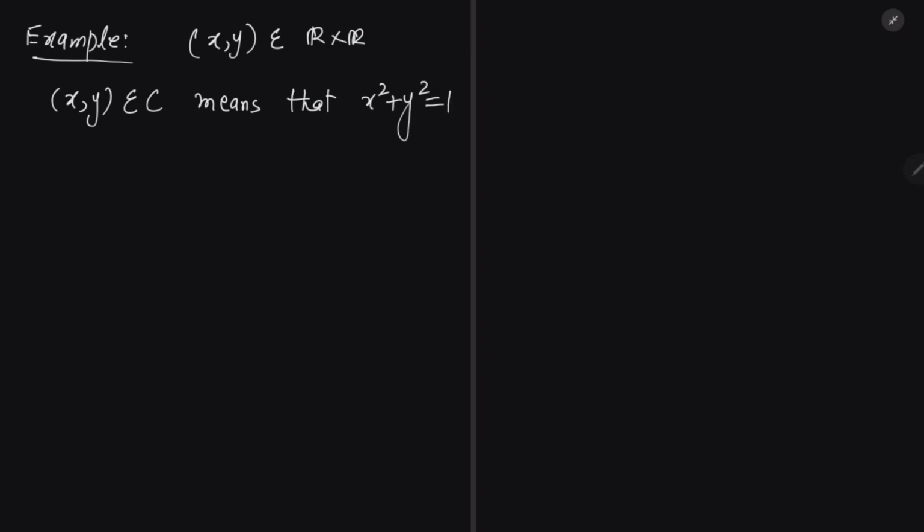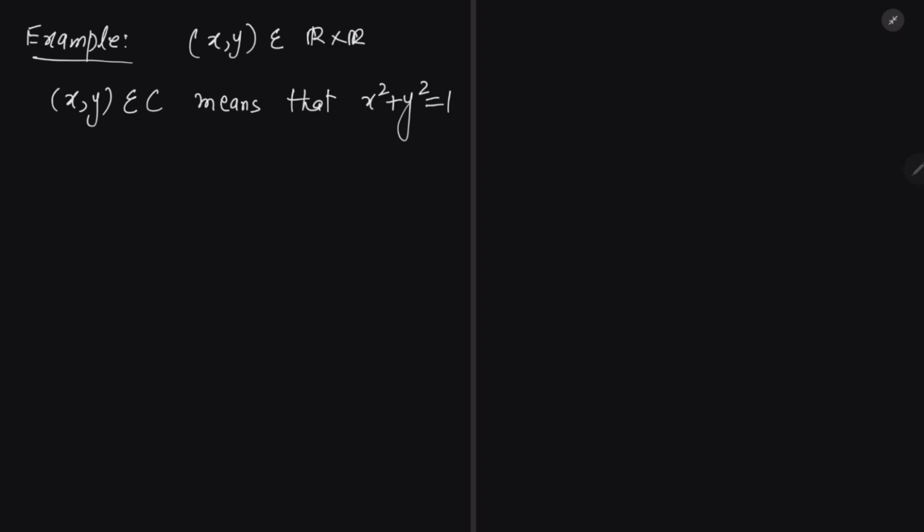We define a relation where x, y belongs to C, and this relation comes from R cross R. So R cross R is the bigger set, the Cartesian product, and the pair x, y belongs to C means that x squared plus y squared is equal to 1.